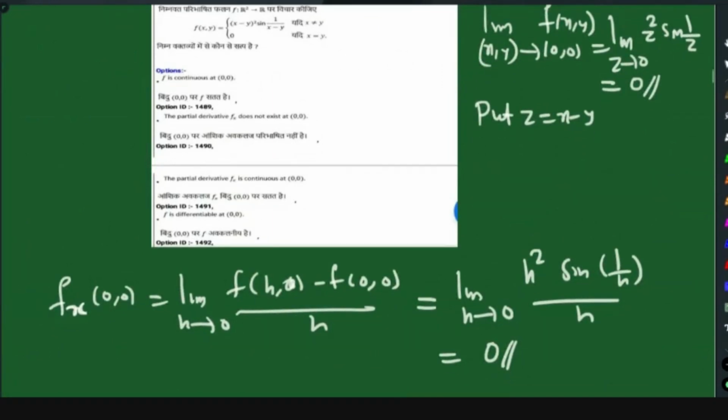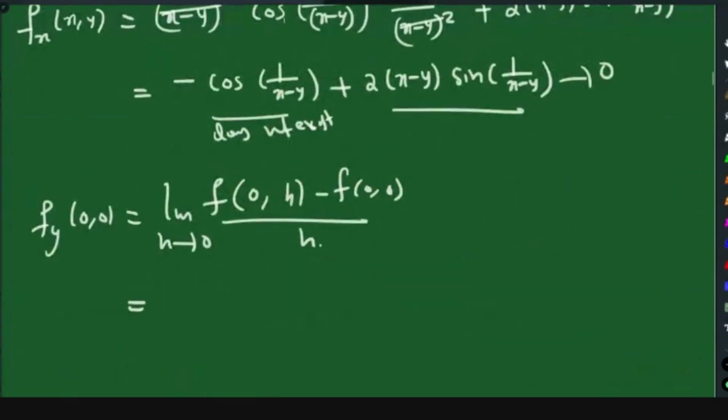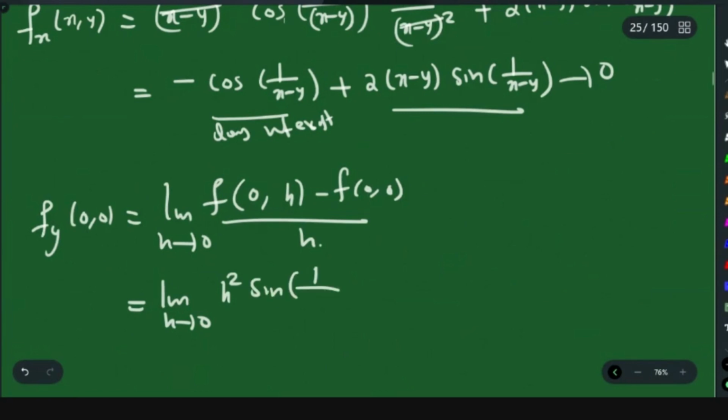So you will get limit h tends to 0, h square sine of minus 1 by h, divided by h.